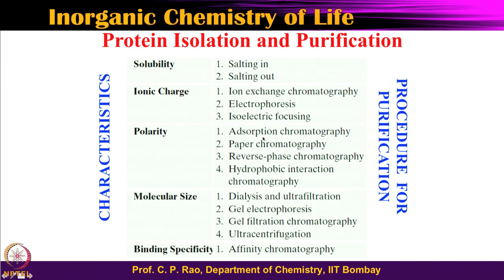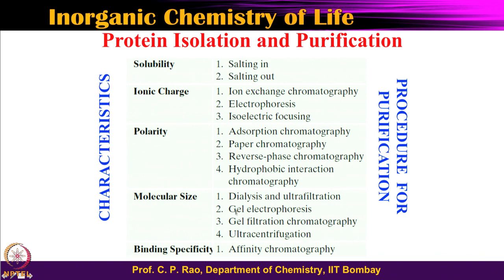You can use polarity based ones too, adsorption chromatography, paper chromatography, reverse phase, hydrophobic interaction chromatography, etc. So, there are a variety of these kind of techniques, again can be used for separating or purifying both ways. Molecular size, so when you isolate proteins, there are other proteins that also come along with that. So, you need to filter them off, remove them, take them out. This can be done by dialysis, ultrafiltration, then gel electrophoresis, gel filtration chromatography, ultracentrifugation.